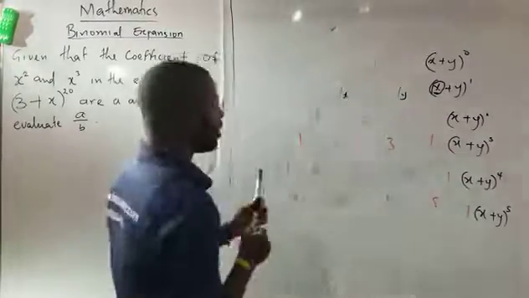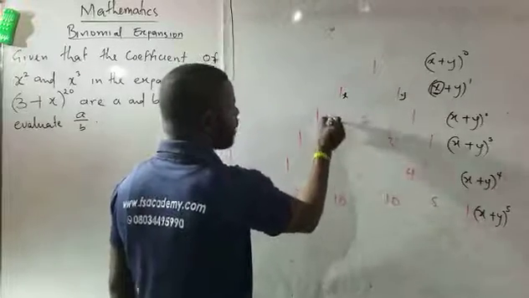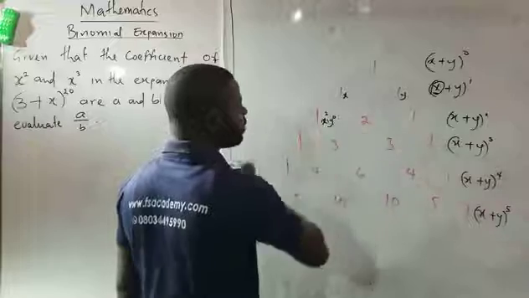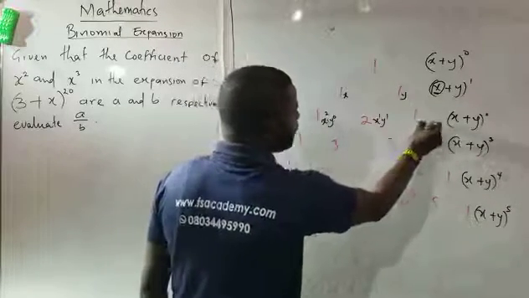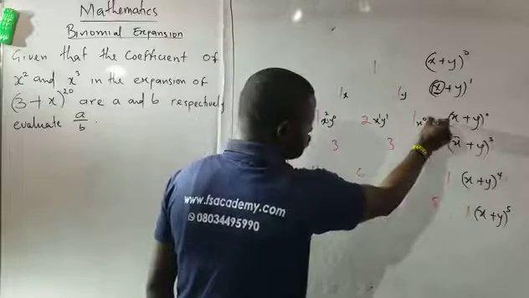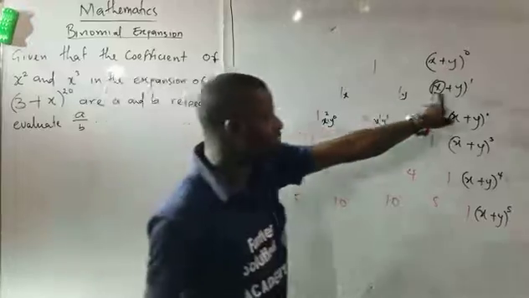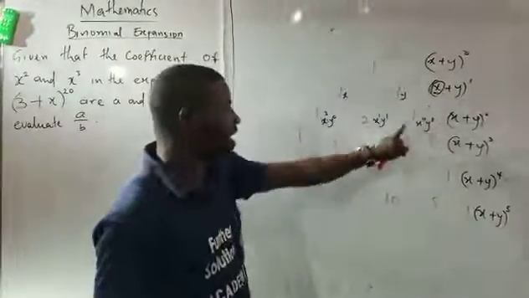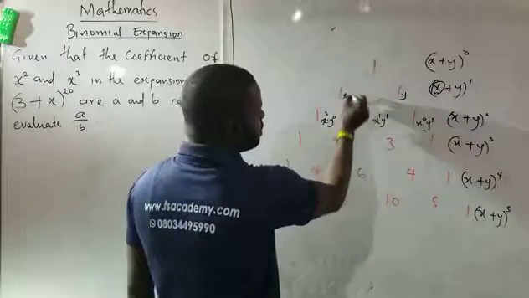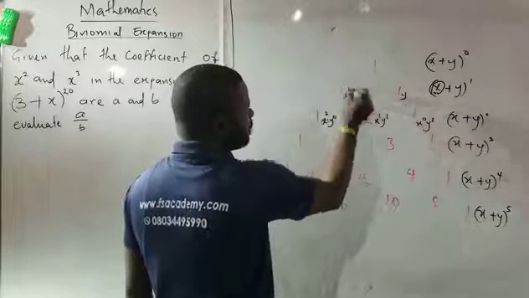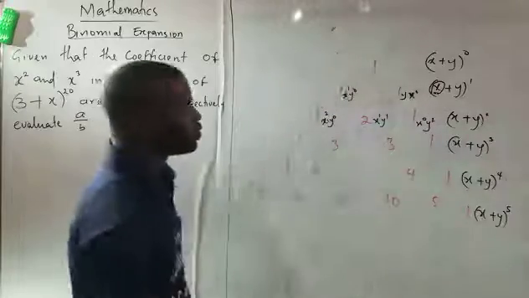Let's say at this junction, we have x raised to power 2, y raised to power 0, then x raised to power 1, y raised to power 1, and x raised to power 0, y raised to power 2. Can you see that the first power is descending and the second one is ascending? The same thing applies here: x, y raised to power 1, y raised to power 0, and x raised to power 0. That is what we are talking about.